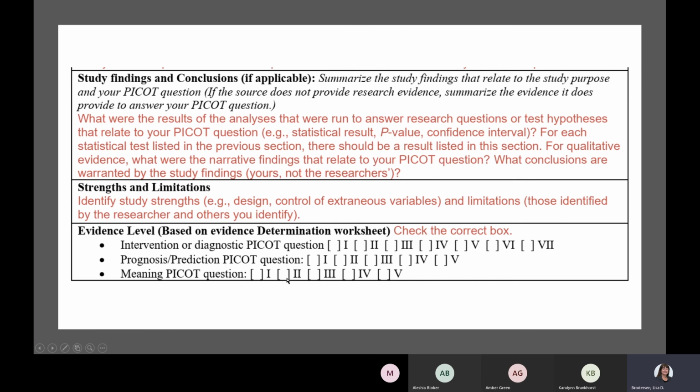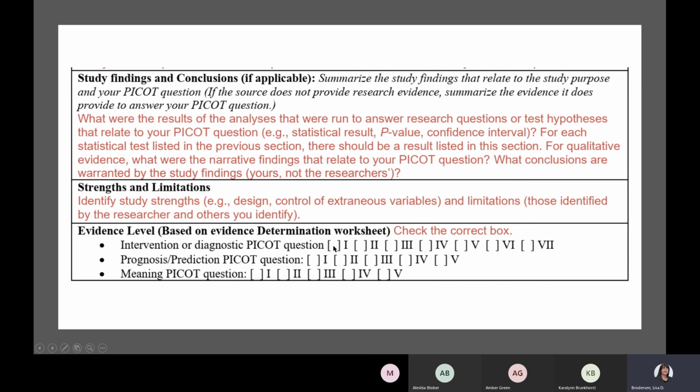And then the last section, depending on what your PICO question type is, you will check one of these levels of evidence to classify the particular source that you abstracted onto the general appraisal overview as providing a particular level of evidence. Okay.